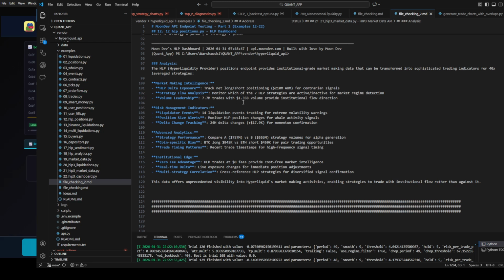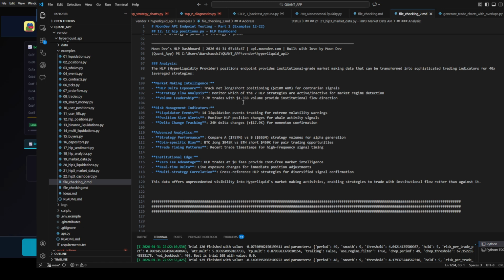Advanced analytics, strategy performance, compare A versus B. Strategy volume for alpha generation. Coin specific bias, BTC long 900, almost 1 million versus ETH short half a mil for pair trading opportunities. Trade timing patterns, recent trade timestamps for high frequency signal timing.